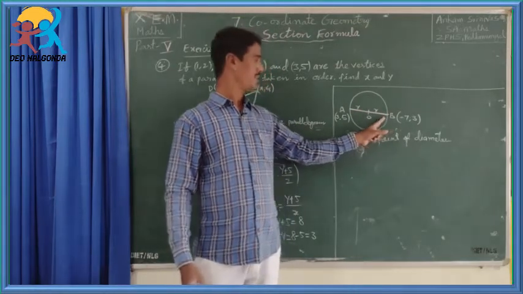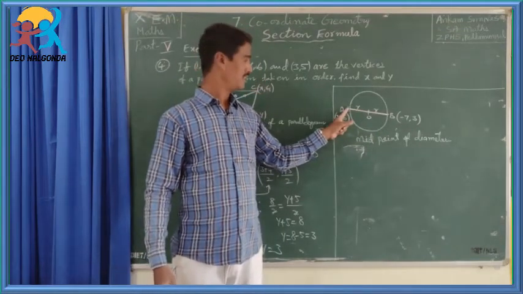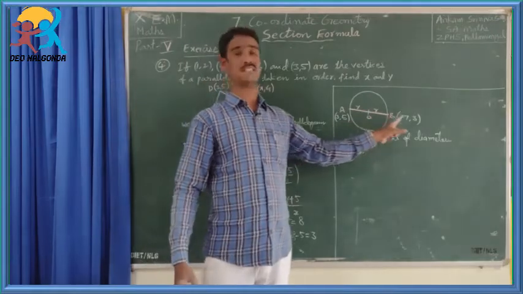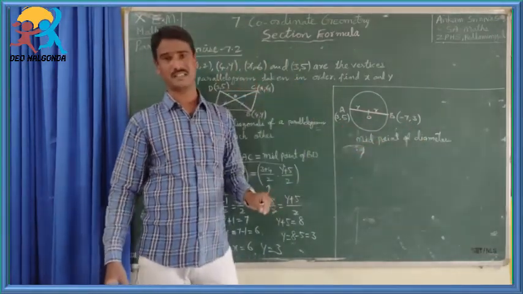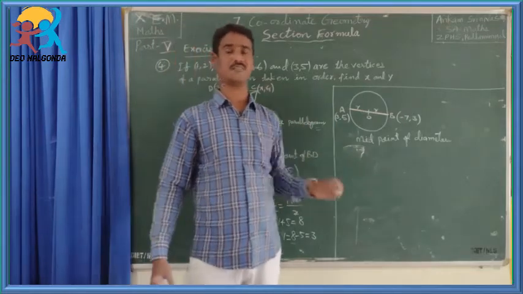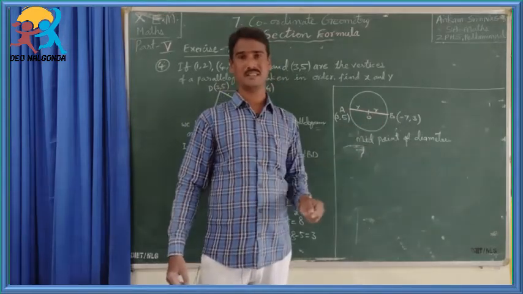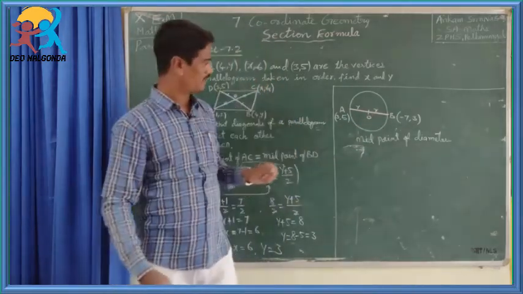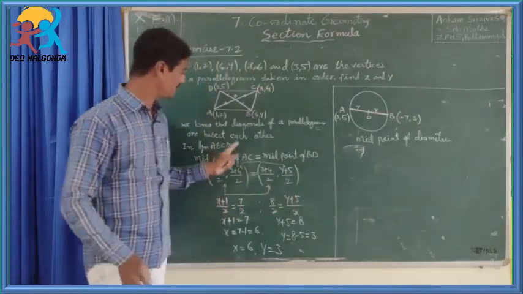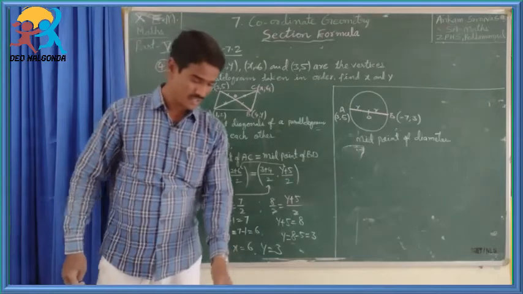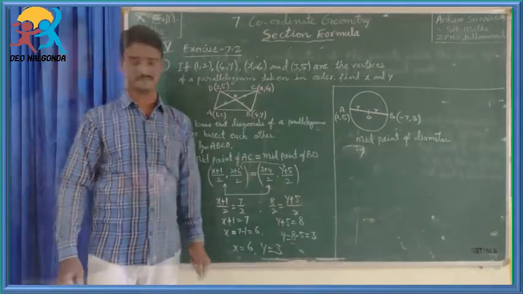What is the question? If the endpoints of the diameter of a circle are (3, 5) and (-7, 3), find the center of the circle. So, to find the center of the circle, we have to find the midpoint of the endpoints of the diameter. So do it yourself and you can get the answer easily. This type of problem we also have in our textbook, example 17, and also practice yourself.